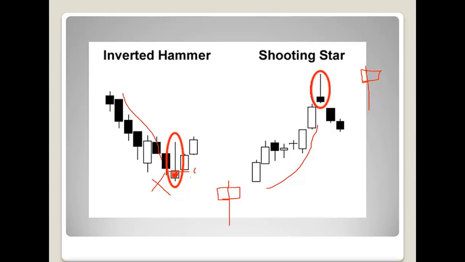If the shooting star is formed at the bottom of a downtrend, we don't validate it, because it doesn't represent a trend continuation. The first thing to keep in mind is that whether it be a hammer or an inverted hammer, it should always be bullish.